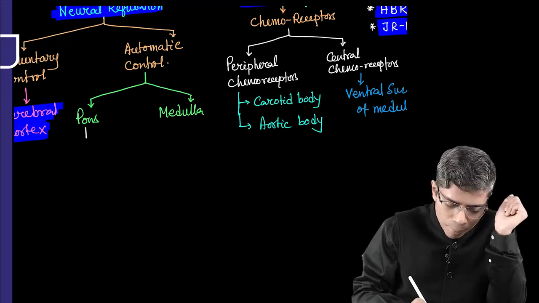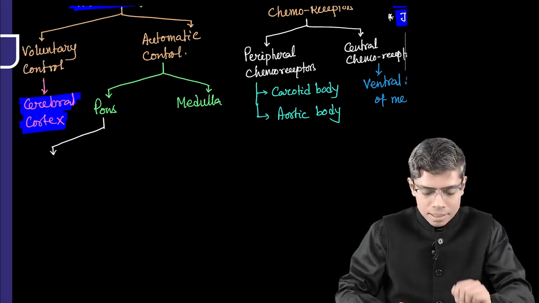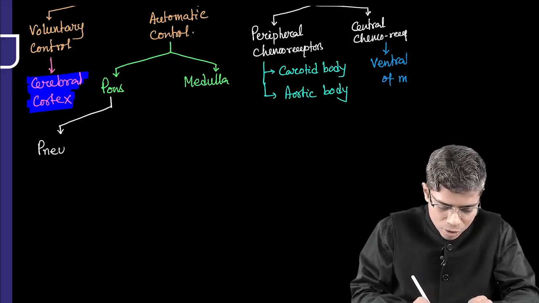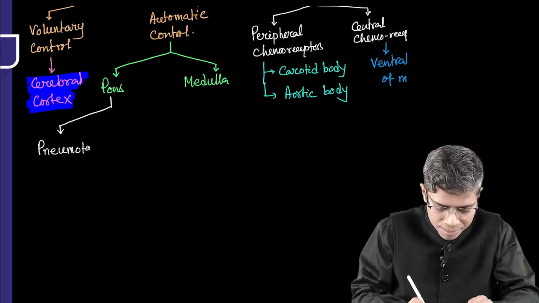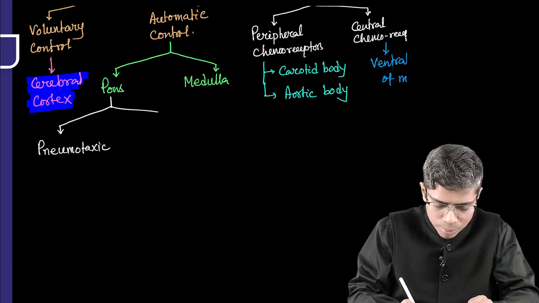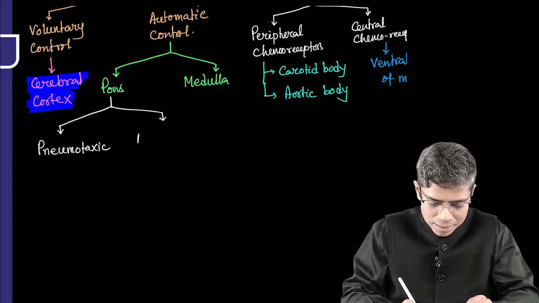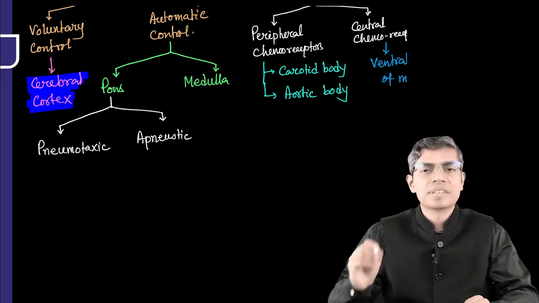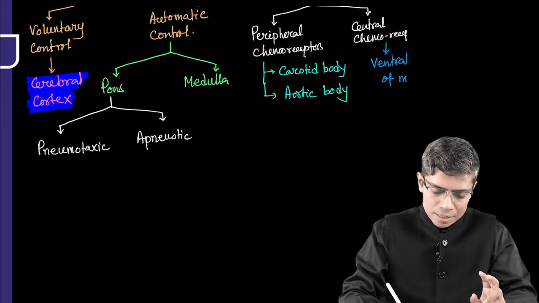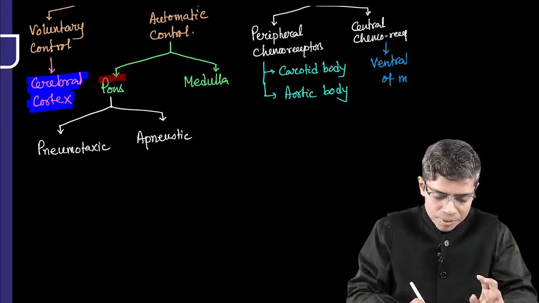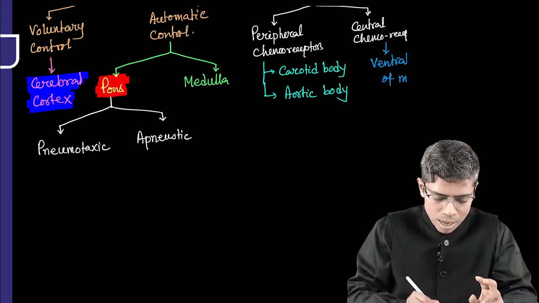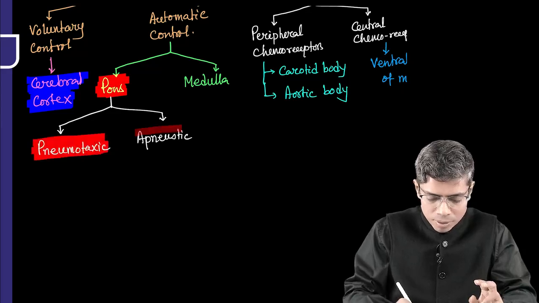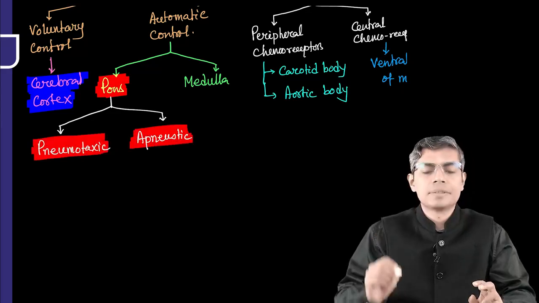The upper part of the pons contains an important center known as the pneumotaxic center, and the lower part of the pons contains another important center known as the apneustic center.